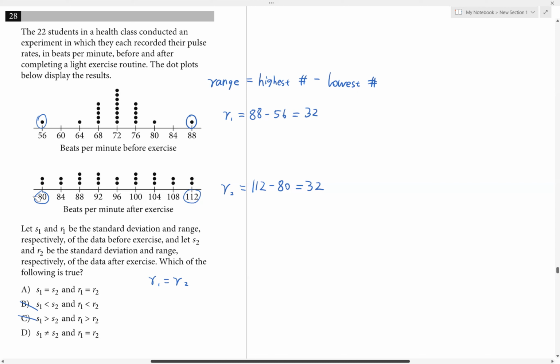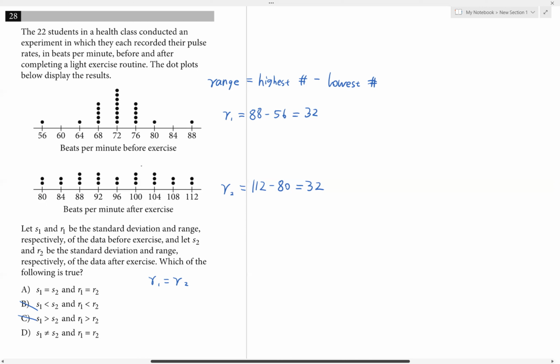Well, if you look at the data sets here, the standard deviation is the measure of spread and is telling us how spread out the numbers are, right? If the numbers are very closely together towards the middle, to wherever the average is, then it should have a smaller standard deviation.